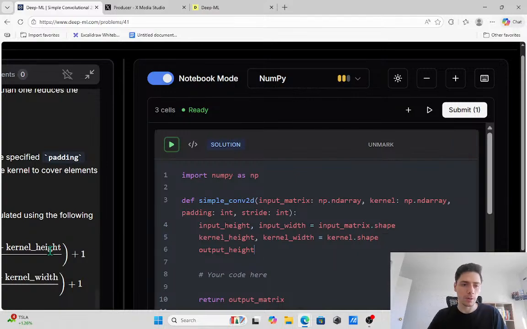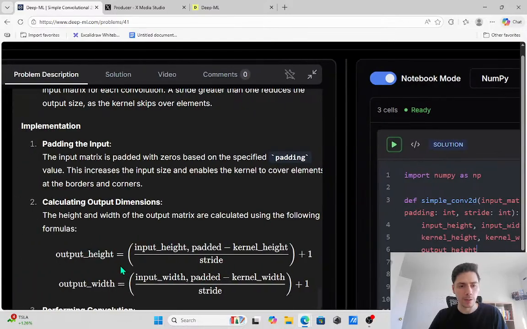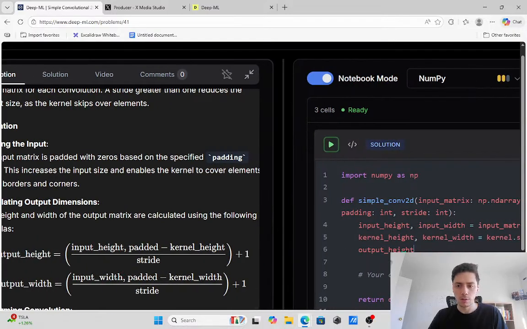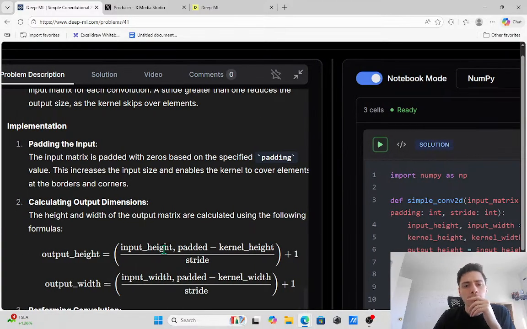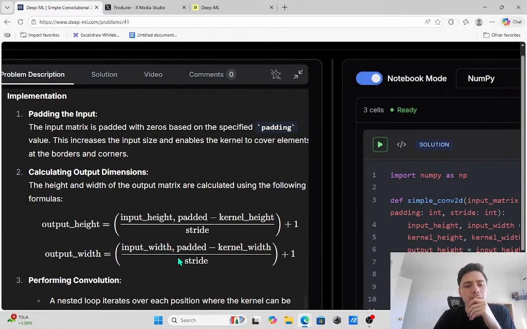Let's do one at a time. Output height, okay. Output height is computed as input height, and what does a comma mean?